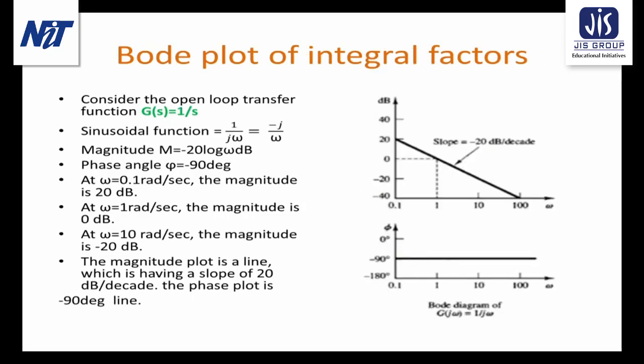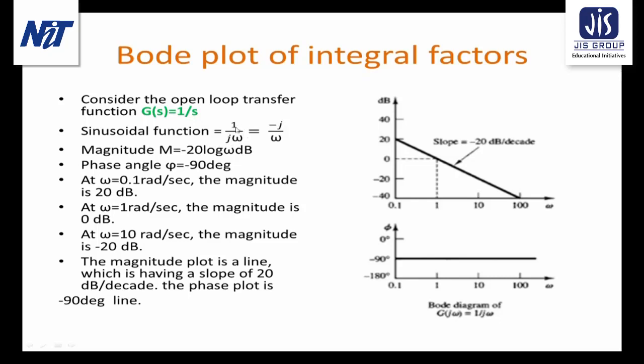So let us take another example, that is the Bode plot of the integral factor. Integral factor means there is a pole at origin. Now when the pole is located at origin, I have considered the open loop transfer function as G(s) equal to 1 by S. So the sinusoidal function becomes 1 by j omega.